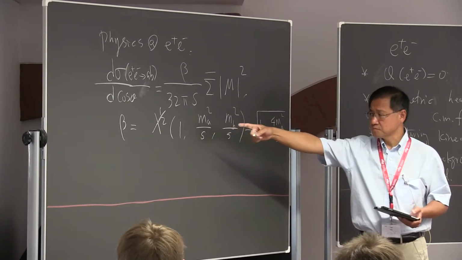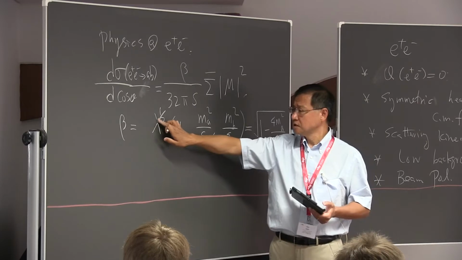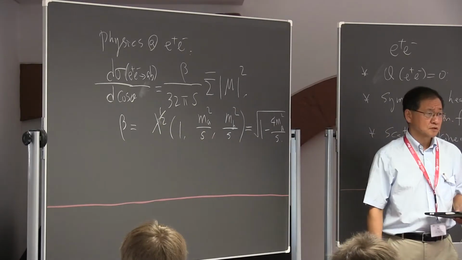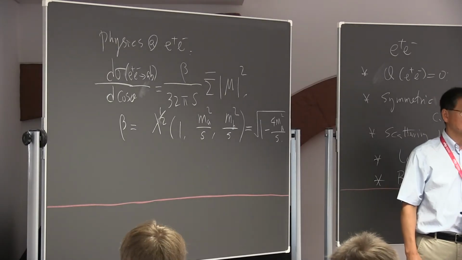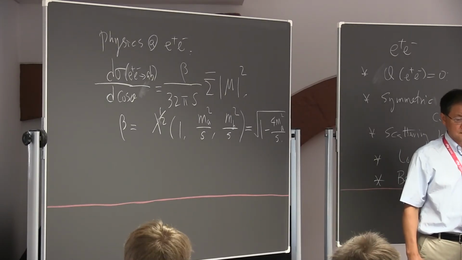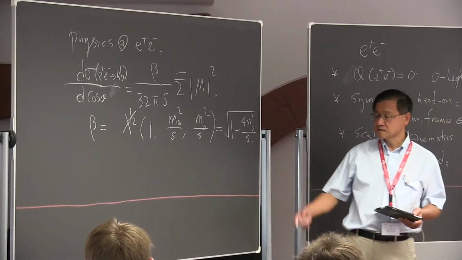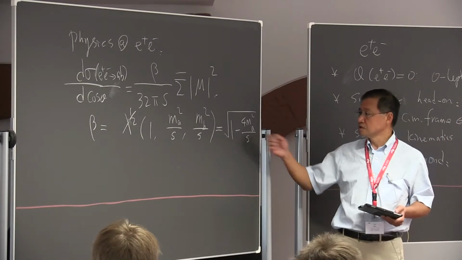And this beta factor is given by this kinematic function. That is the most general form for the velocities of the two outgoing particles. It's derived in our kinematics. So this is the simple form.